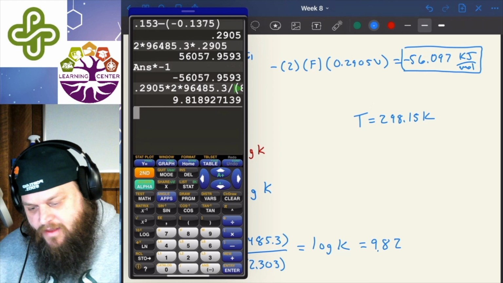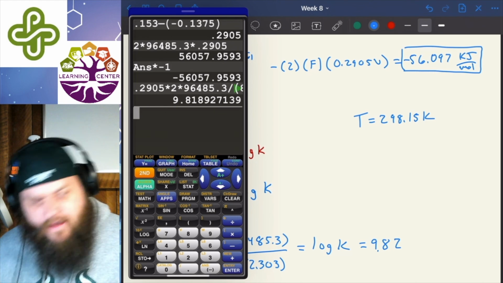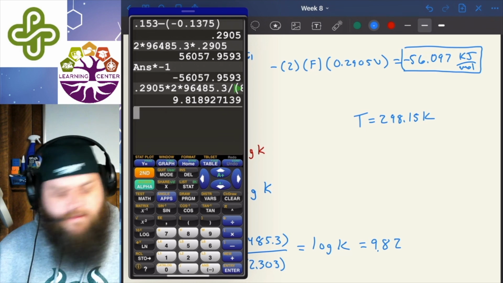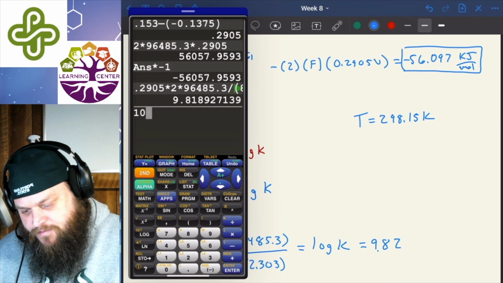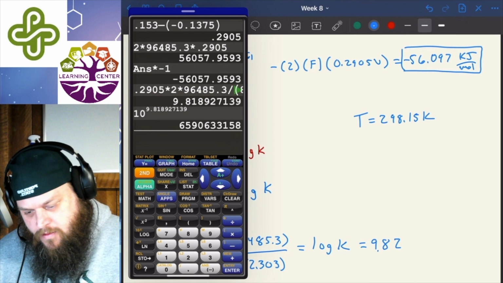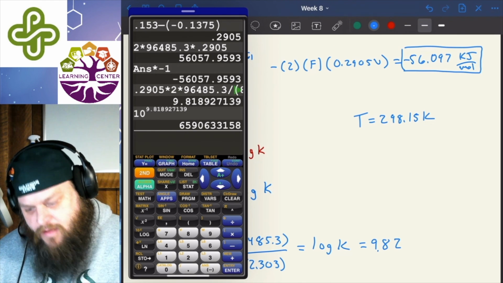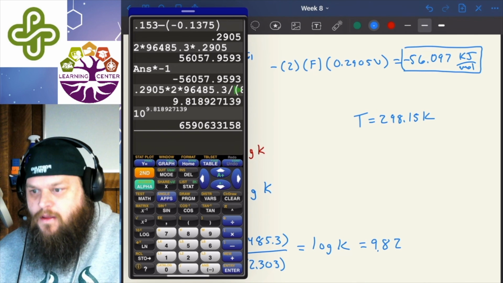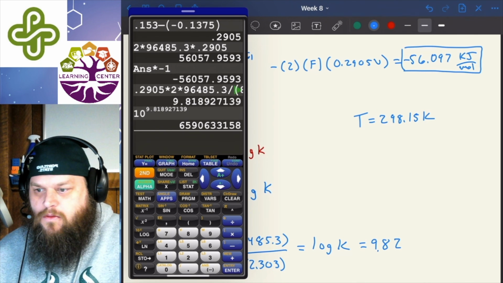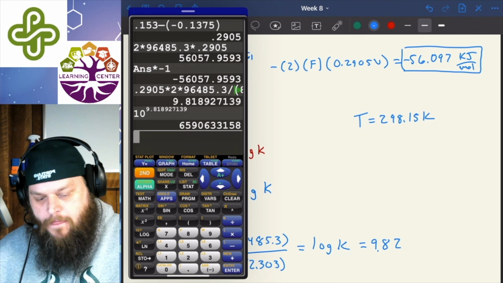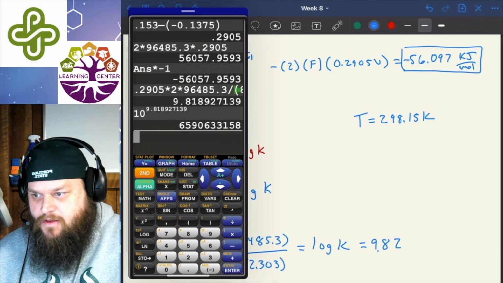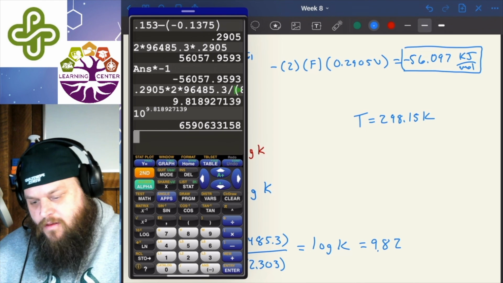So I can take this value now and take it all to the power of 10. We end up with a really large value. Am I doing that right? Yeah, I'm doing that right.